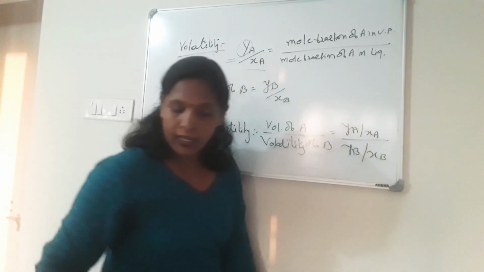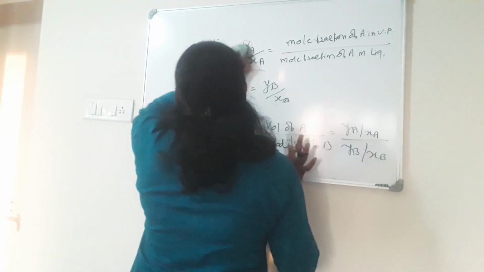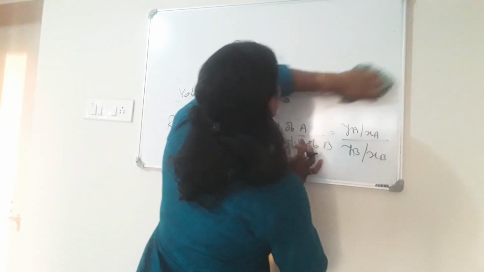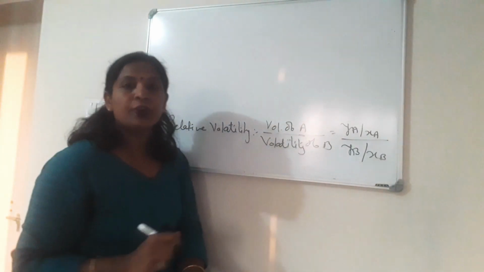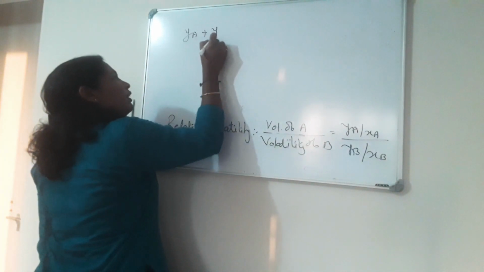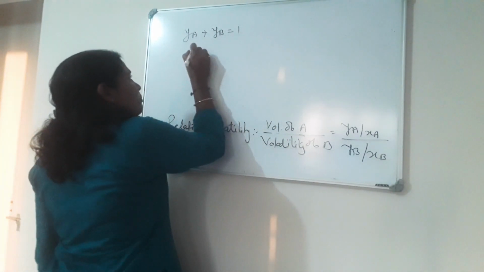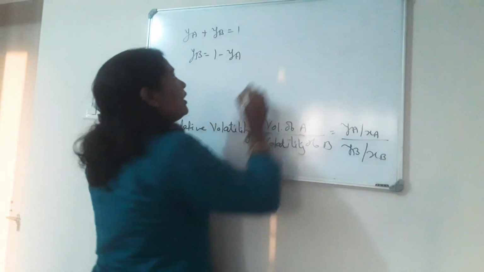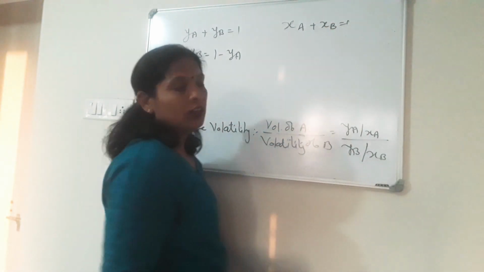YB upon XB. Friends, we also know that according to the law, if we have two components in the system, mole fraction of that two becomes equal to 1. So for YB we can write 1 minus YA. Accordingly, XA plus XB is equal to 1.